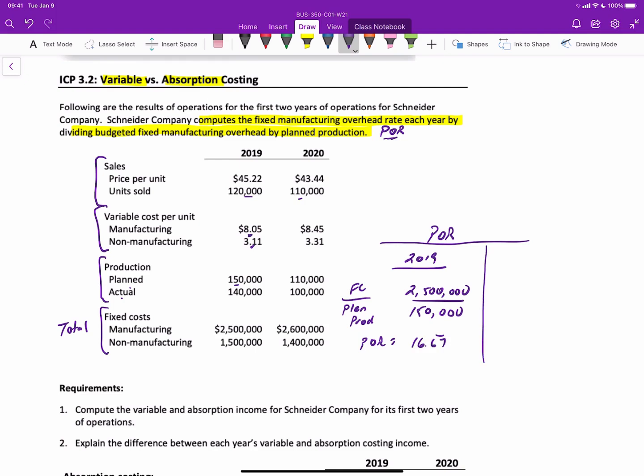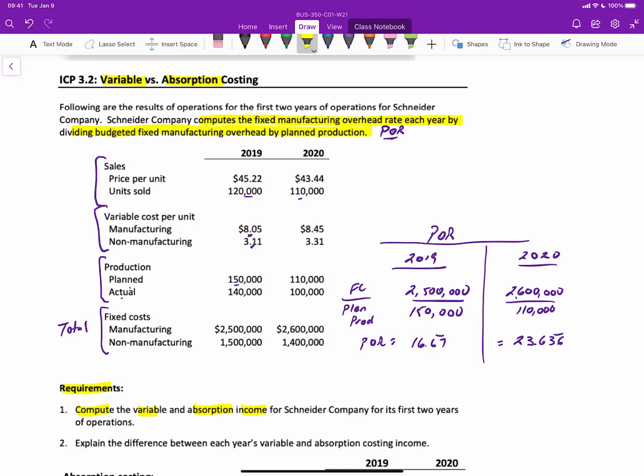If we do the same thing for 2020, we have fixed costs of $2,600,000, and we're going to divide by planned production of 110,000 units. And so that will give you a rate of 23.636 repeating.